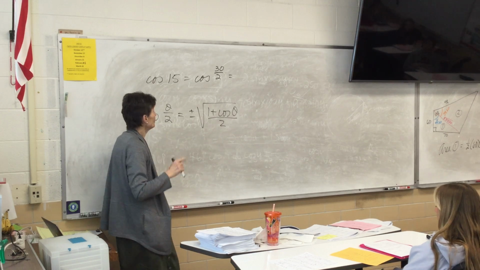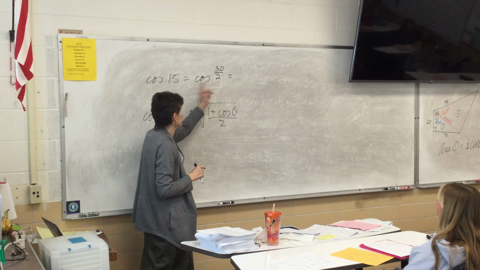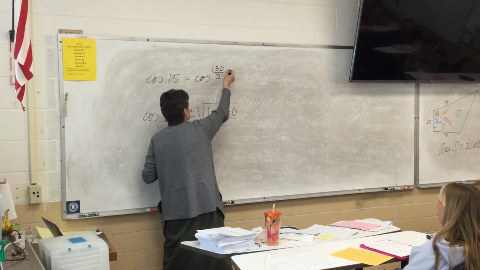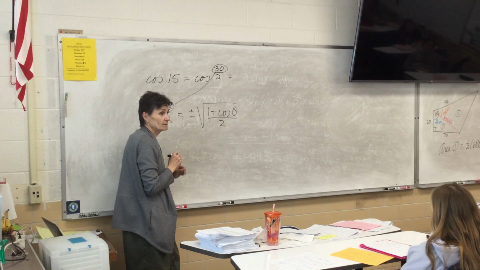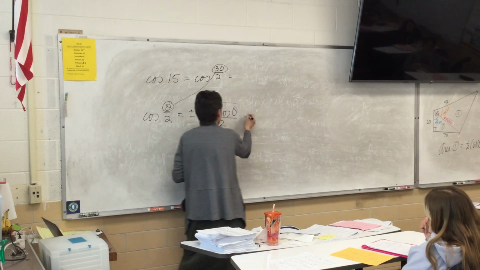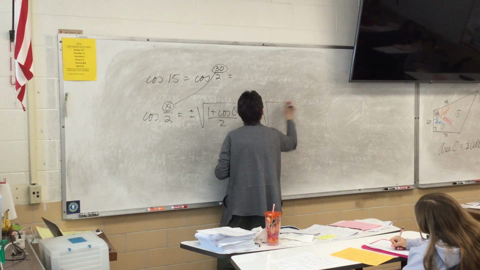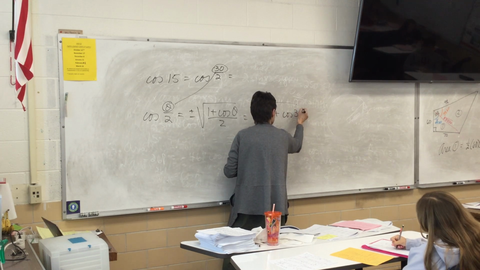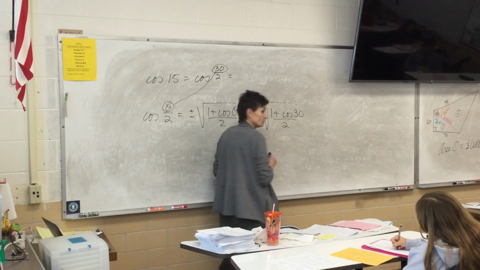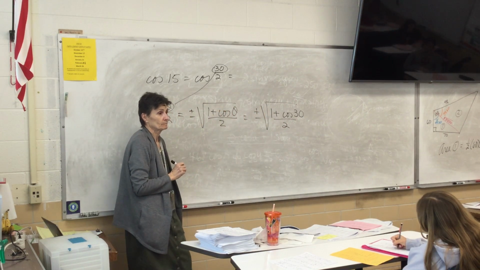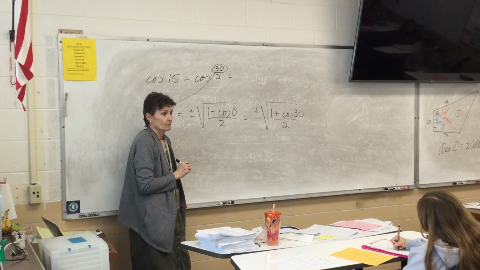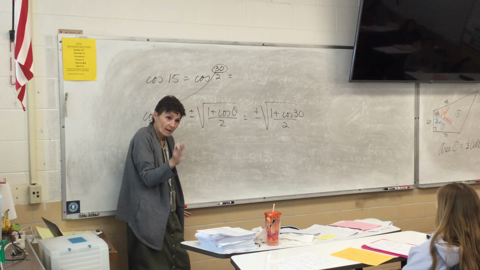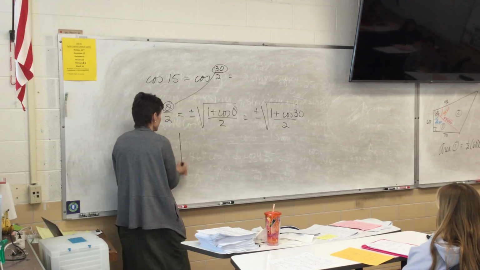Well, if I'm doing 30 over 2, because that's what 15 is, then my theta is 30. So I have plus or minus the square root of 1 plus cosine 30 over 2. And now, either I have the cosine of 30 memorized, or I figure it out.